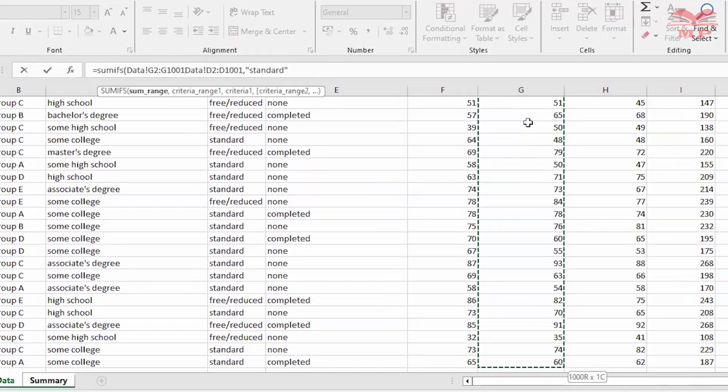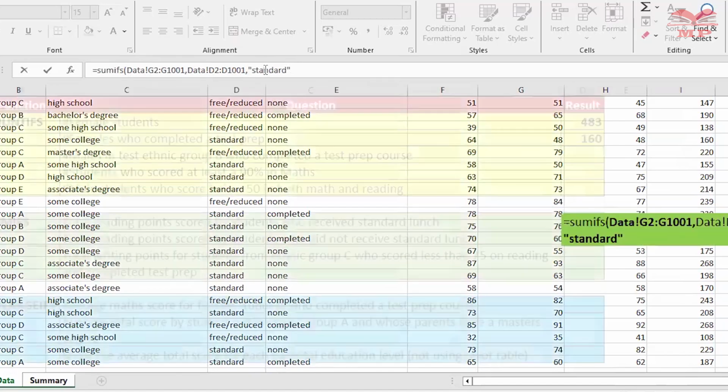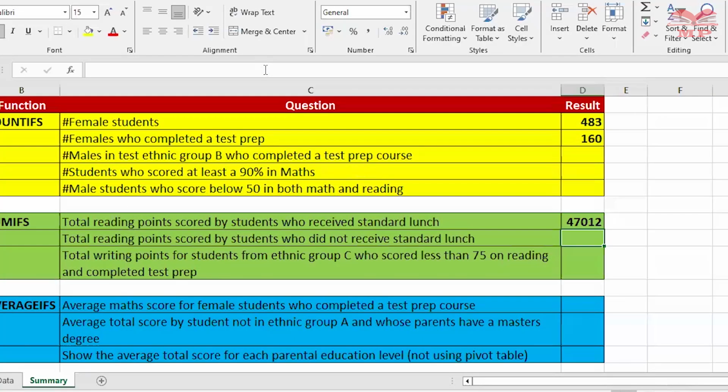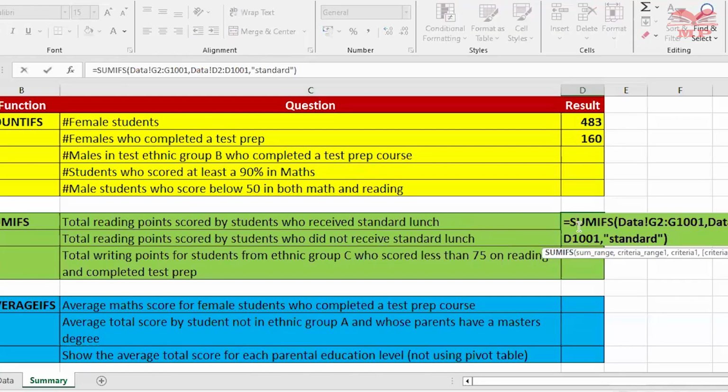Of course, the comma after that. So we have followed this. This is the sum range. This is the criteria range. Then standard. Press enter. Let's see, total reading points scored by students who received standard lunch. That should be correct. So we have sum range, criteria range, and criteria. That's correct. Let's try the second one.